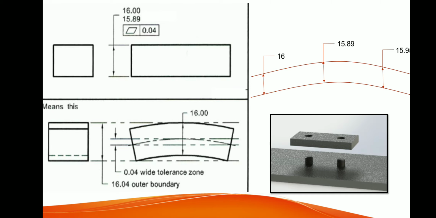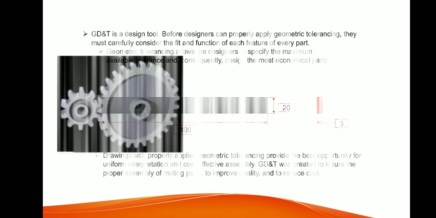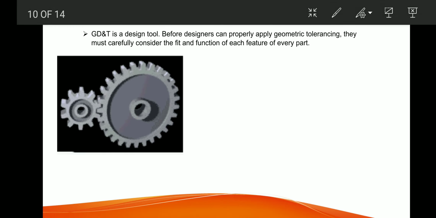Our next point is, geometric tolerancing allows a design engineer to specify the maximum available tolerance and consequently design a most economical part. Here we can see that this part has not been given any tolerance. Its dimension is 100 mm. So a manufacturer has to work harder and harder to achieve exactly 100 mm.